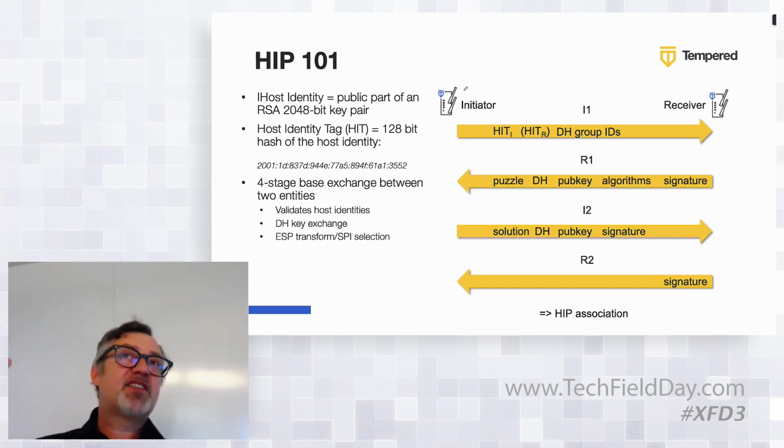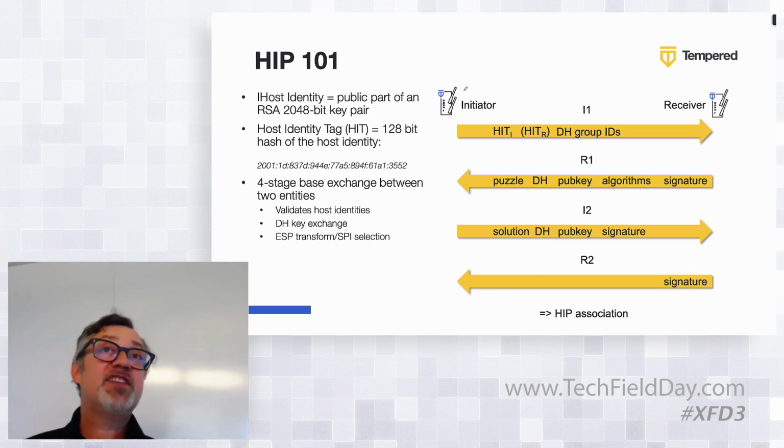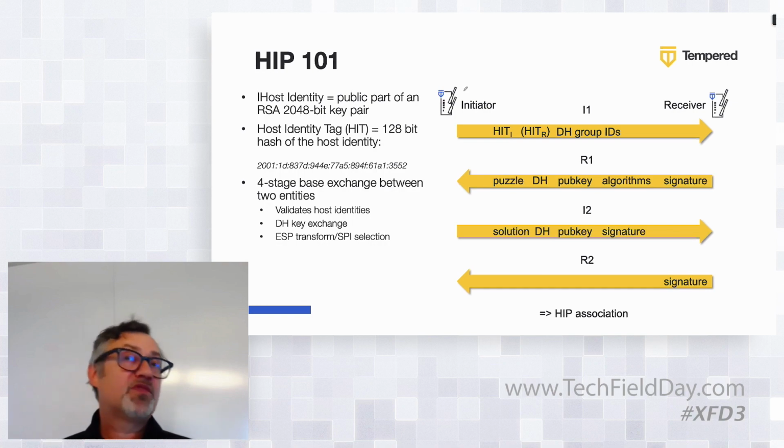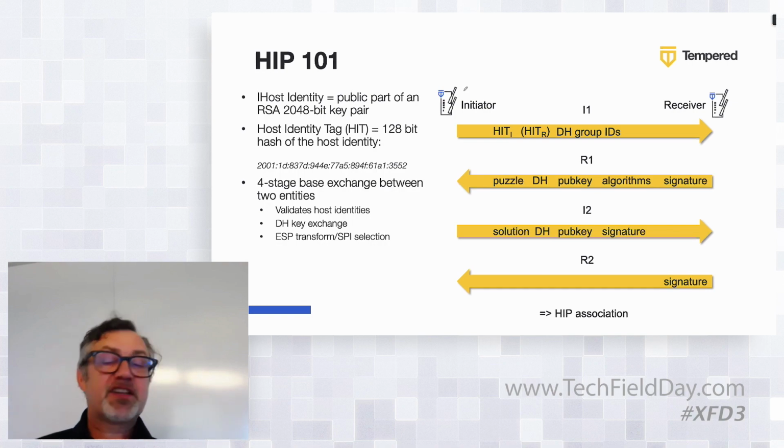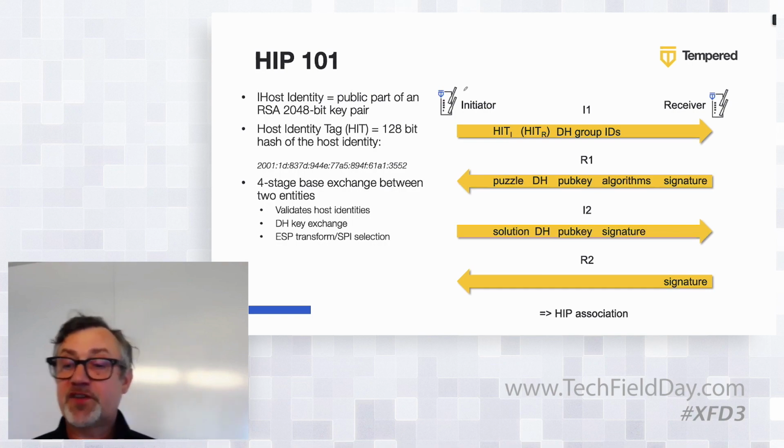The signed part of that message also contains only parts that never change, so the receiver can pre-create that part of the R1 message. There's really very little effort the receiver has to spend to deal with these messages. The receiver also does not need to create any state about that ongoing conversation until he has received the I2 message. So that is an effective way to deal with denial of service.